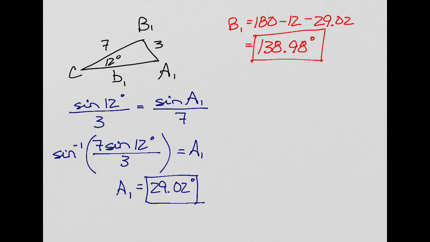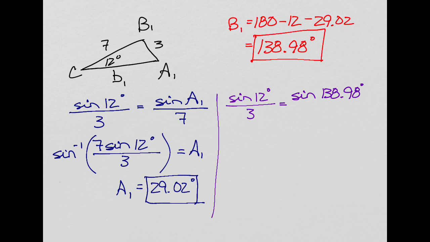One more thing to do, and that is we want to find side B1 down here. I'll use my sine of C over C again, and that'll be sine of B, and I'm writing 138.98 degrees, but I'm using all of the decimal places that were calculated for angle B, and I'm going to round off only at the end. And side B1 is what we don't know.